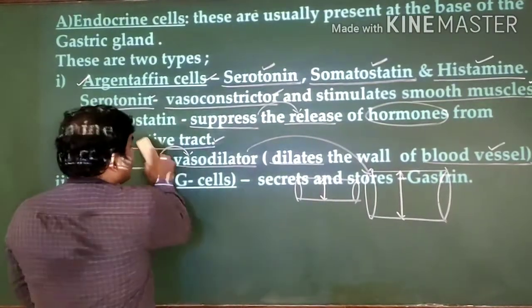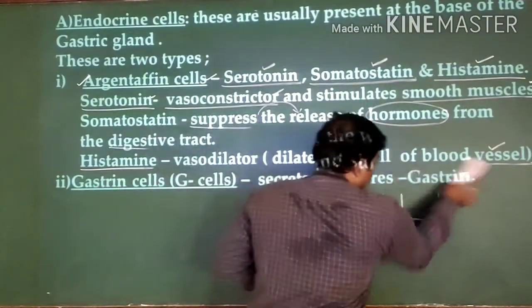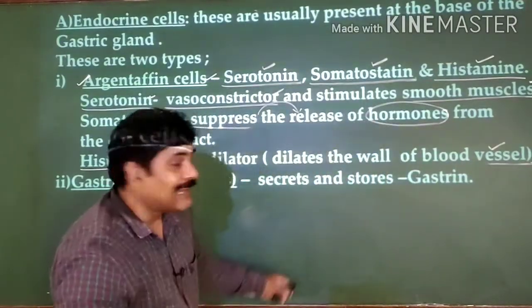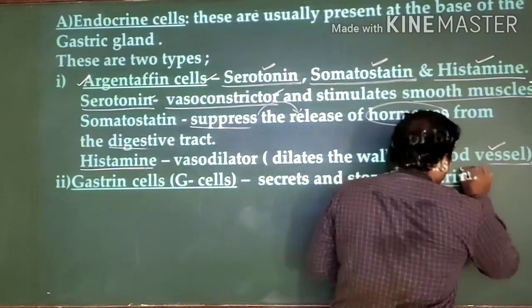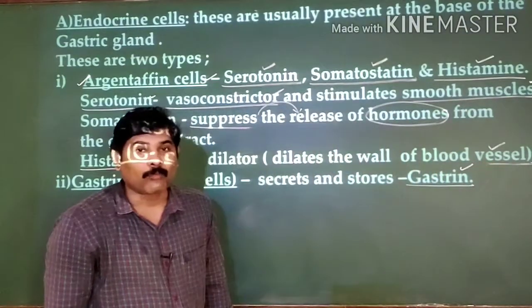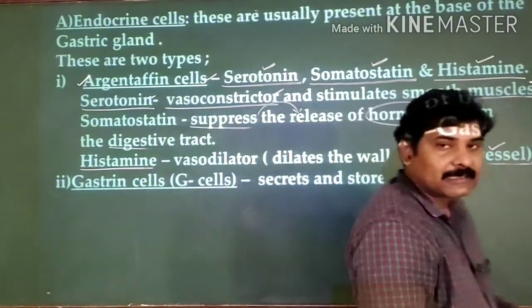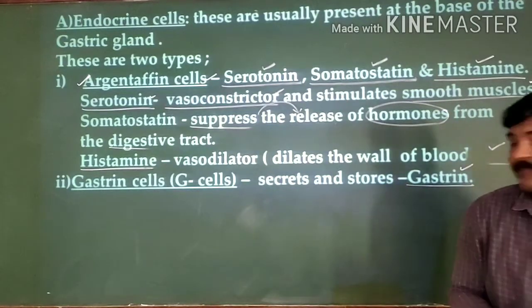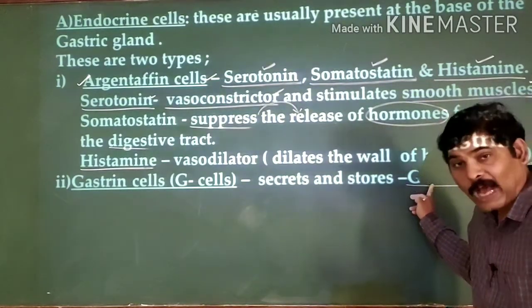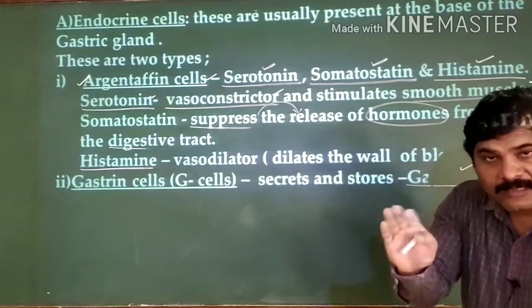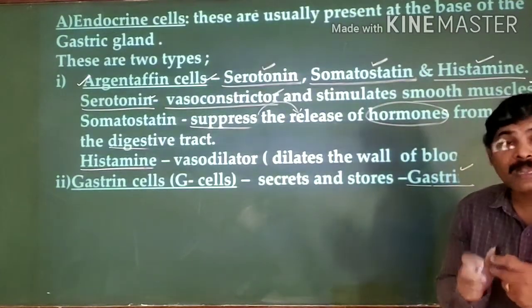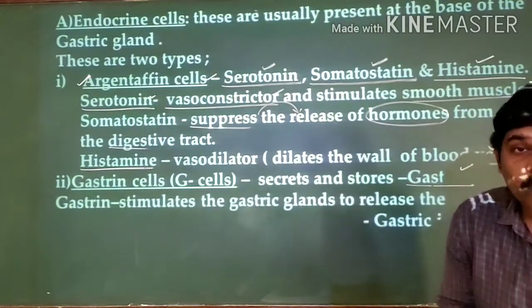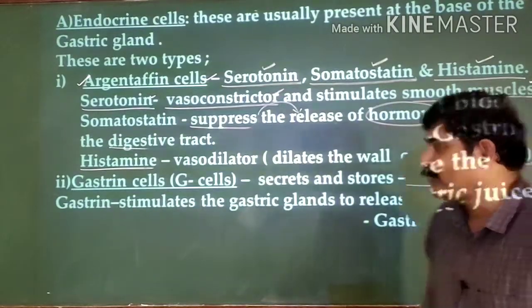See that? Then what is the function of these gastrin or G cells? They help in the release of gastrin, a hormone. One important hormone is released by these cells. Then what is its function? Gastrin is a hormone that acts on the gastric gland and stimulates the gastric gland for secretion of gastric juice. That is an important point.